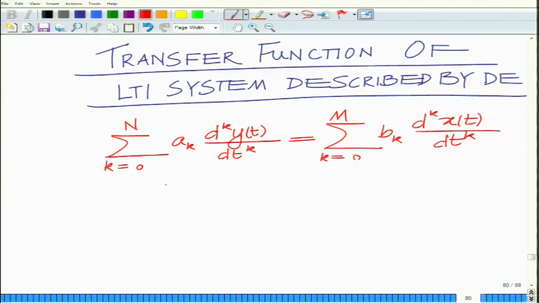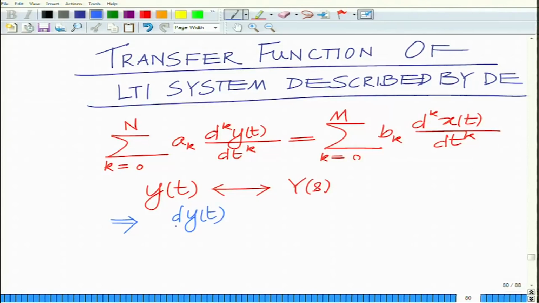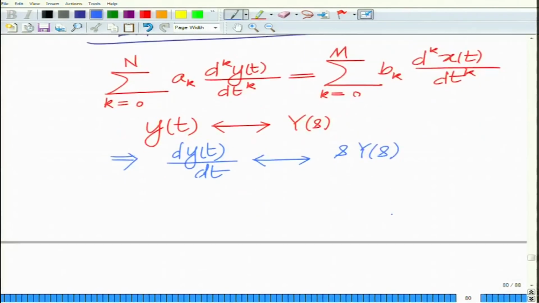Now, we know from the properties of the Laplace transform that y(t) has Laplace transform Y(s), and dy(t)/dt has Laplace transform sY(s).